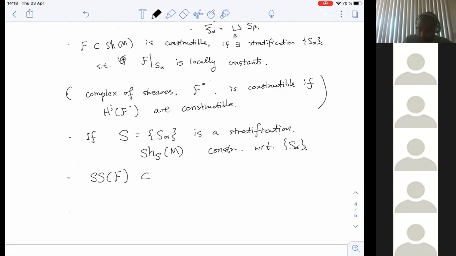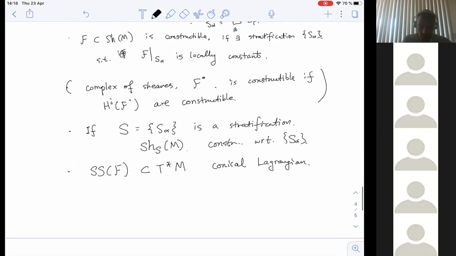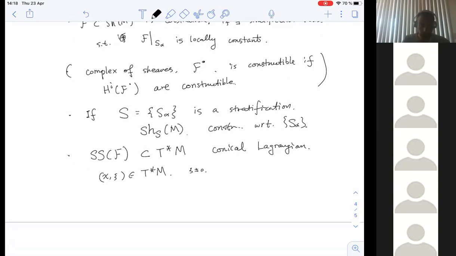So singular support of F is a conical Lagrangian. So if a point in the cotangent bundle, let's say not in the zero section, well, let me be a little bit imprecise.